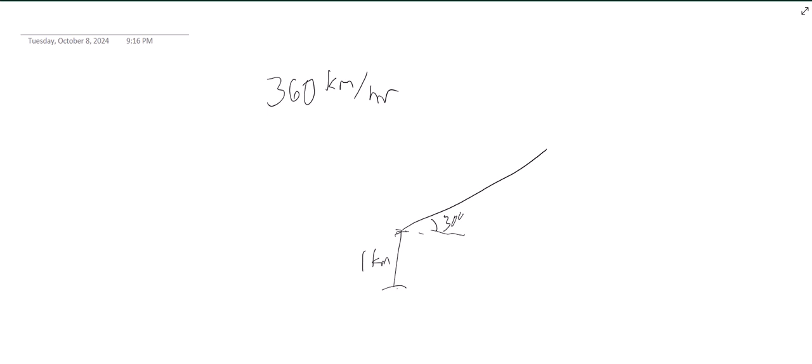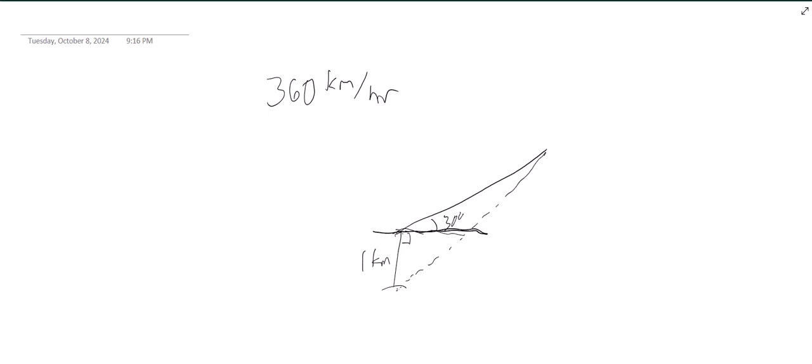Okay, so first of all, the distance is going to be this amount right there, and it is at a 30-degree angle right there.